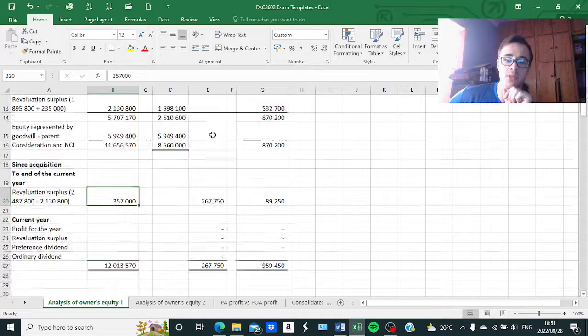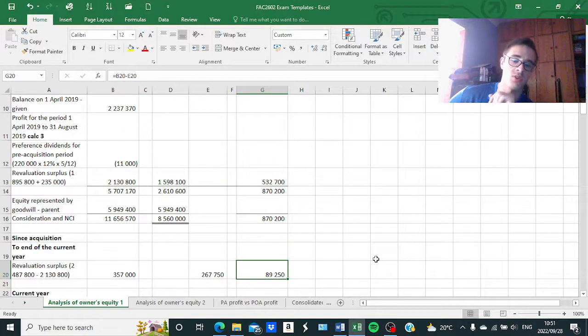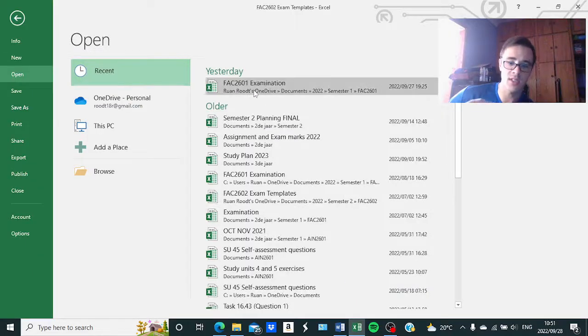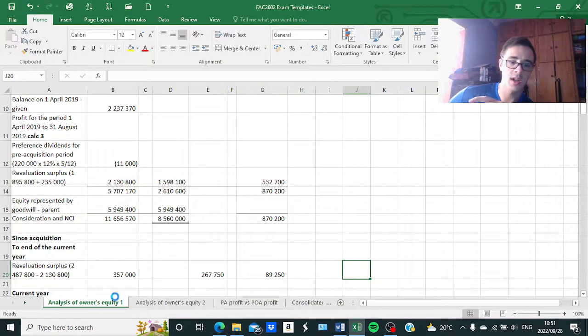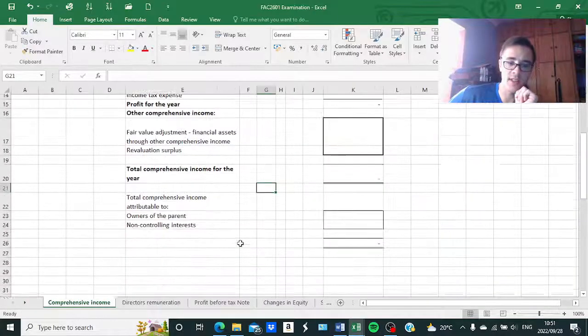You will calculate the portion attributable to the parent as well as the portion attributable to the non-controlling interests. Remember that these two amounts will be used in the consolidated statement of changes in equity as well as the bottom section in your consolidated statement of profit or loss. So if we go to our consolidated statement of profit or loss, I'm talking about this section right here.